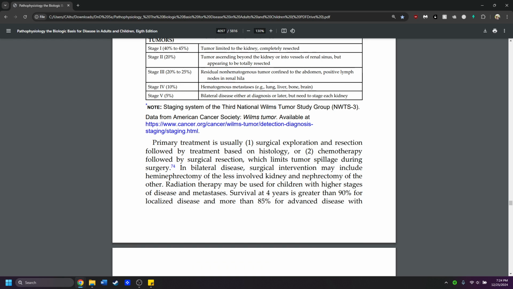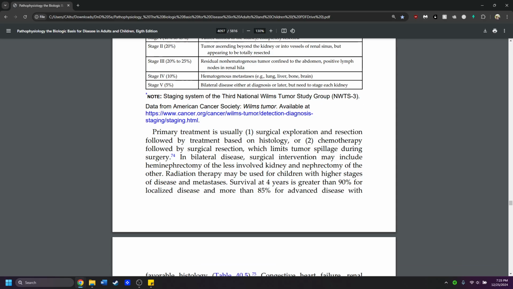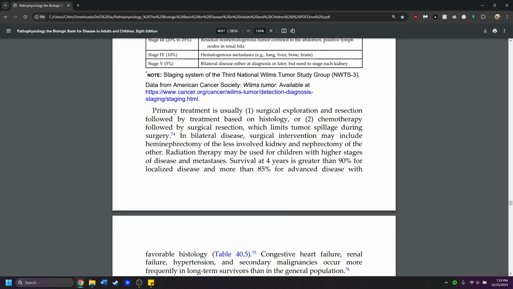So the primary treatment is usually surgical exploration and resection, followed by treatment based on histology, or chemotherapy followed by surgical resection, which limits tumor spillage during surgery. In bilateral disease, surgical intervention may include a heminephrectomy of the less involved kidney and a nephrectomy of the other.